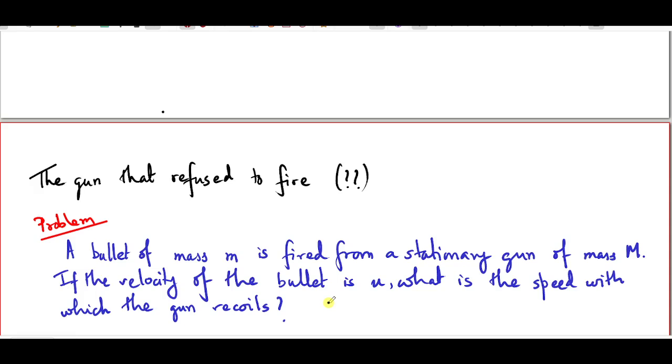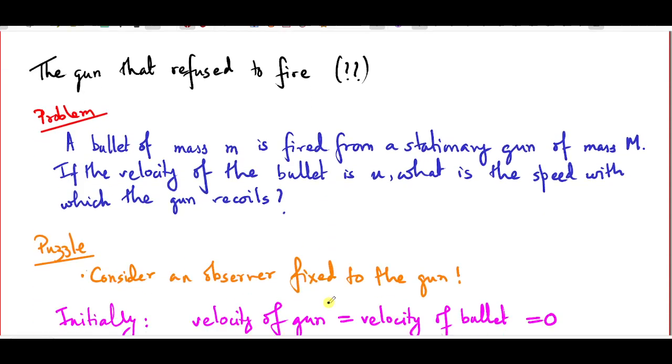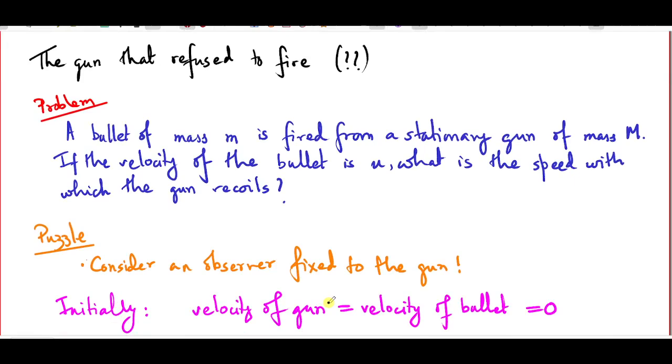But let us now try to analyze this from the point of view of an observer who is fixed to the gun. Maybe a fly who is sitting on the barrel.